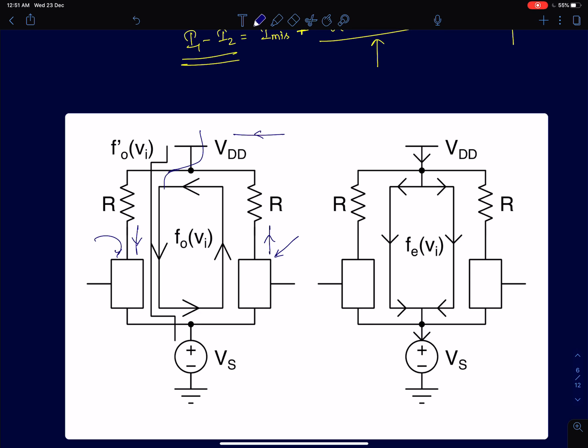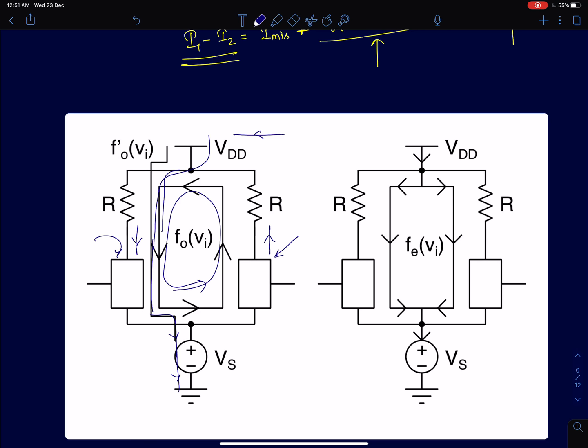So now if you see, there is an odd harmonic component which is looping around in the circuit in this way, which is seen by the pure differential circuit. There is also an odd harmonic component which is going to flow from the supply because of the presence of mismatch, and if a current flows from the supply, then it also has to flow into the ground.